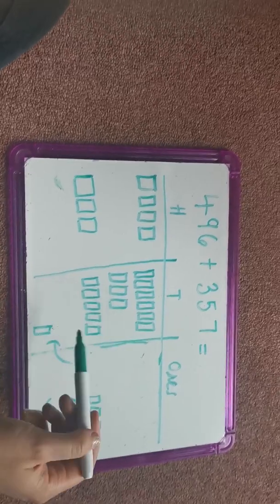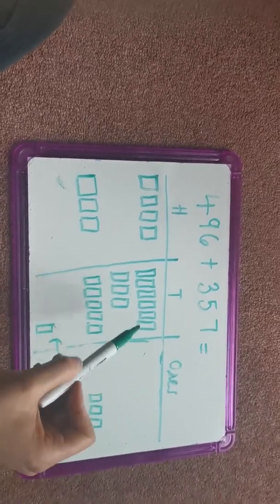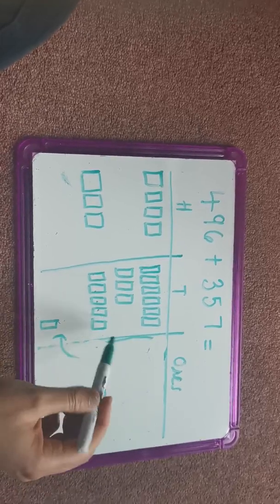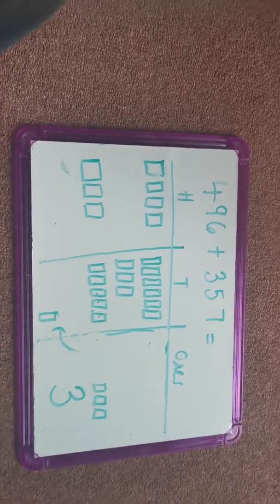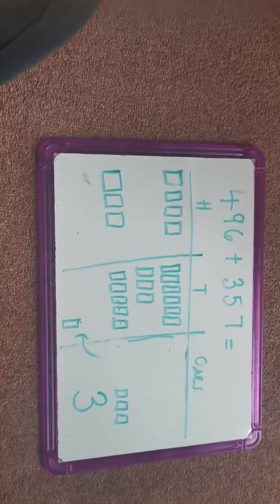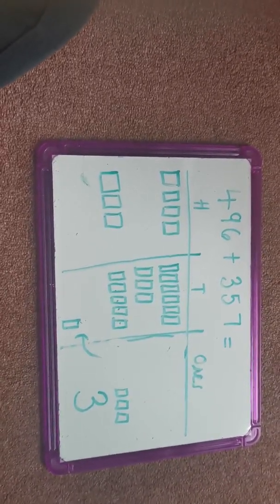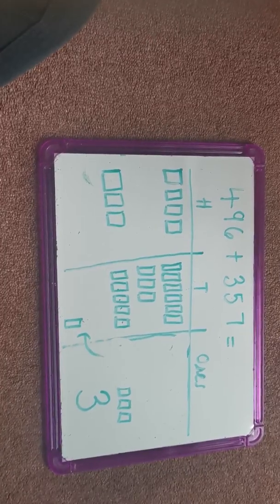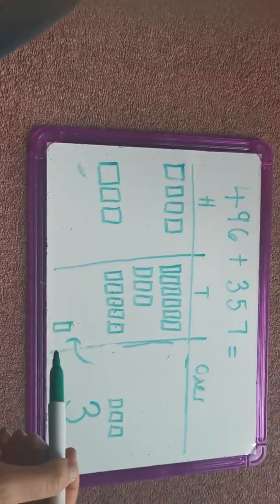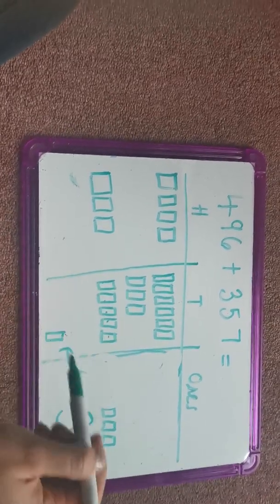So then I look at my 10s and I can see straight away that I've got 9, 10, 11, 12, 13, 14, 15, okay, 15 10s, so that's 150. I know that 10 lots of 10 is 100, so I could regroup 10 of these and see what I'm left with for 100.